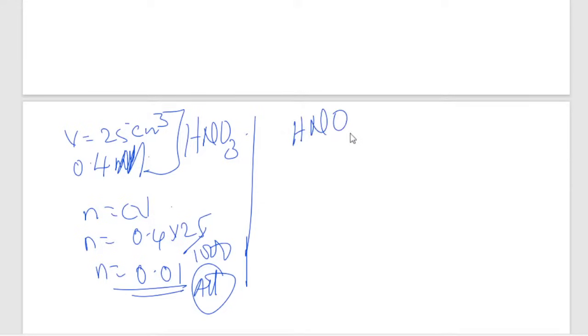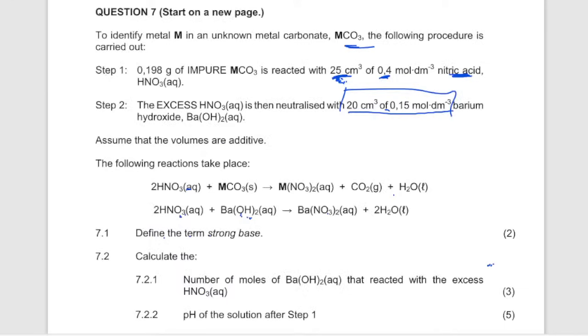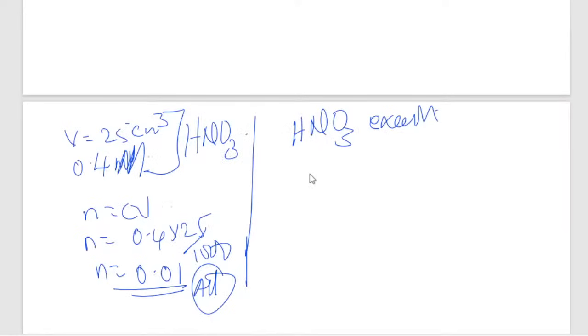Nitric acid excess. So nitric acid excess, we calculated it already, isn't it? By finding it here, isn't it? Yes, we calculated it already. Okay, let's do it. 20, still the same thing.